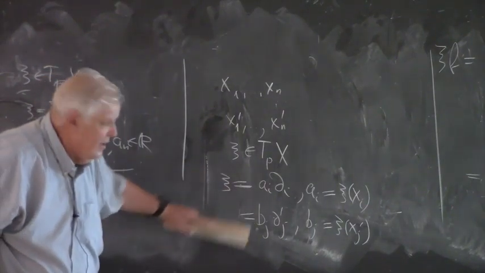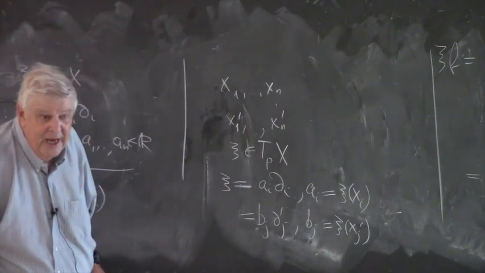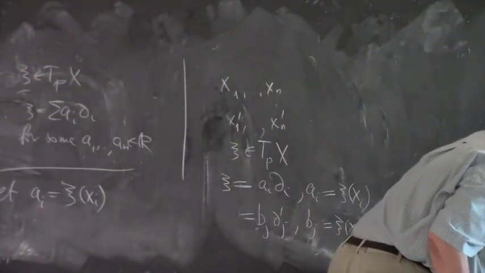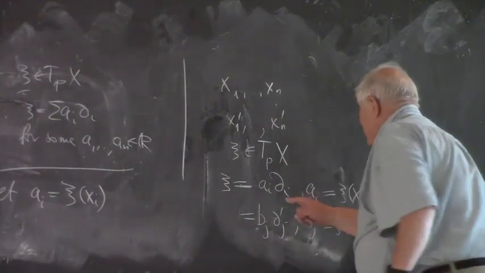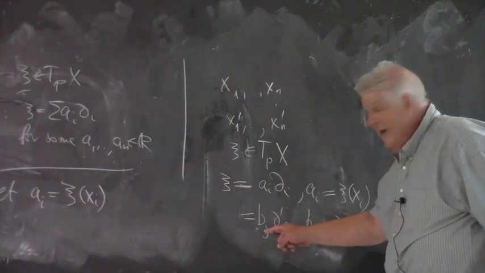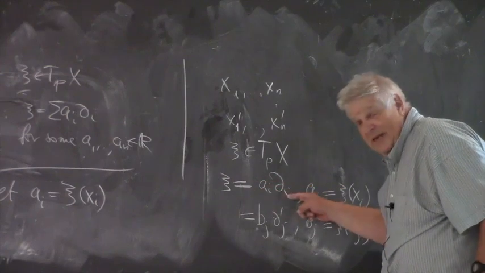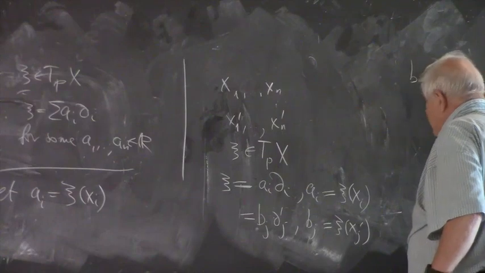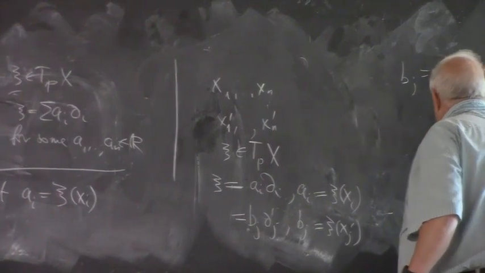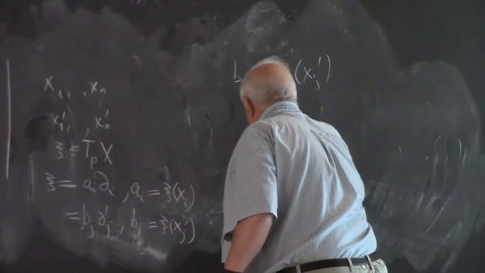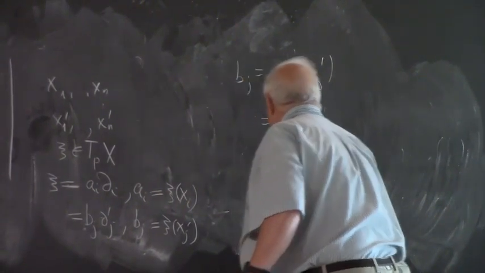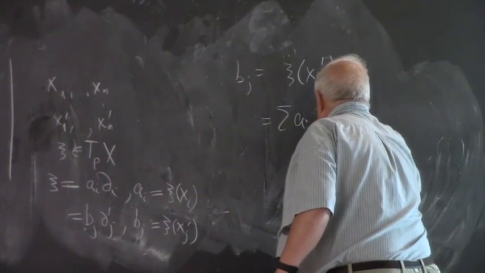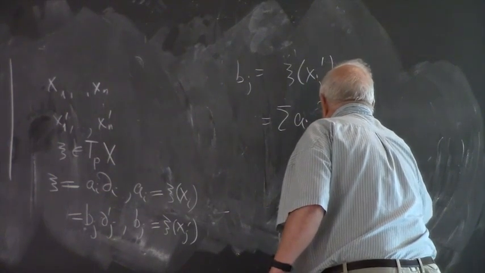How are these numbers a and b related to each other? Nothing can be easier. To find b, we need to compute this Xi on xj prime. So bj is equal to Xi of xj prime, which is equal to the sum of ai times dxj prime over dxi.